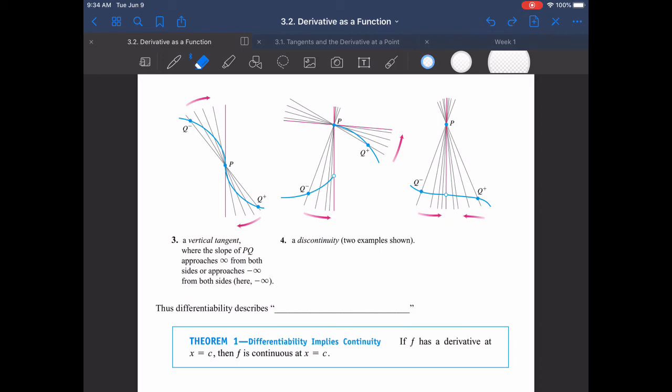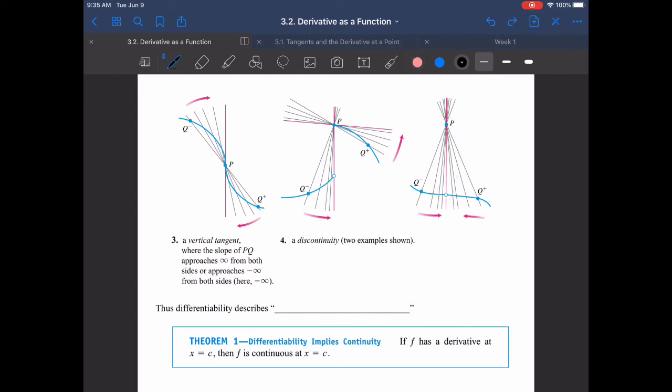If there's a discontinuity, if the graph is actually broken between 2 points like that, then we can't take a derivative there either. There are 2 examples shown here, and another discontinuity right there. So that makes a pretty big difference.